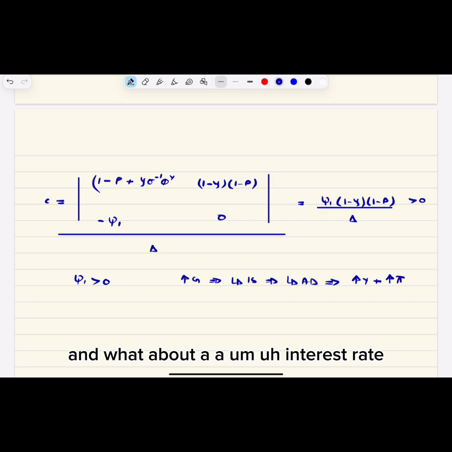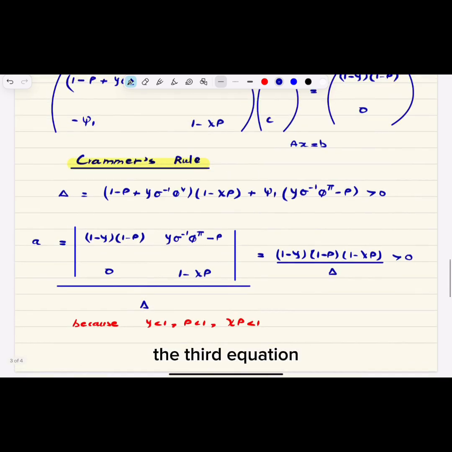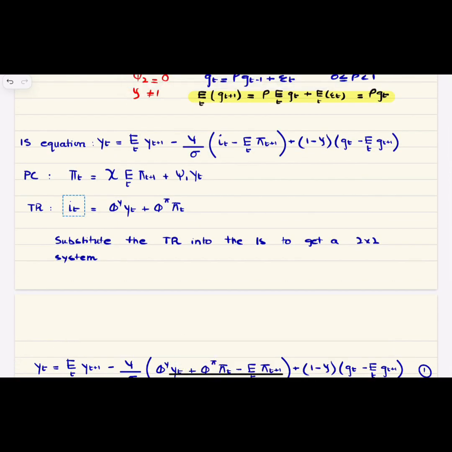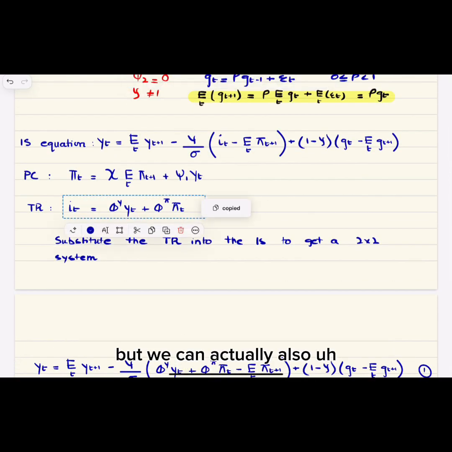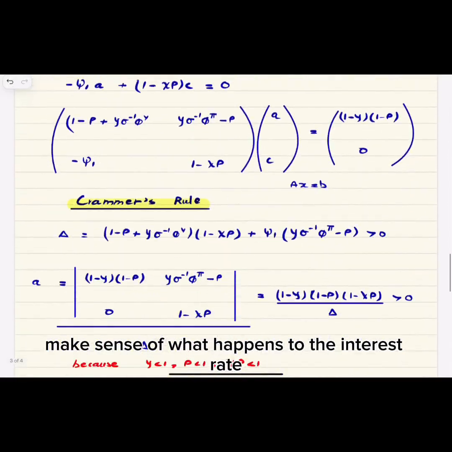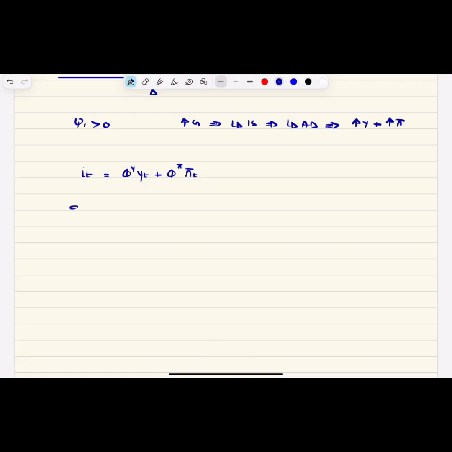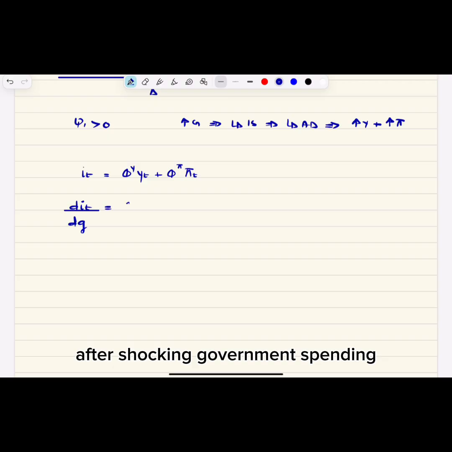And what about the interest rate? The third equation can tell us what happens to the interest rate, but we can also make sense of it diagrammatically. Let's see how the interest rate changes after a shock in government spending.